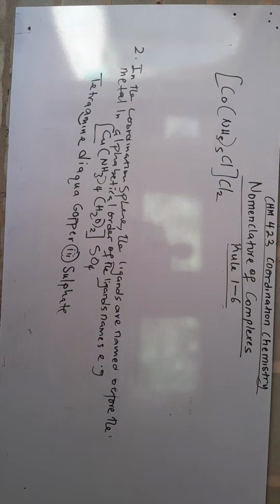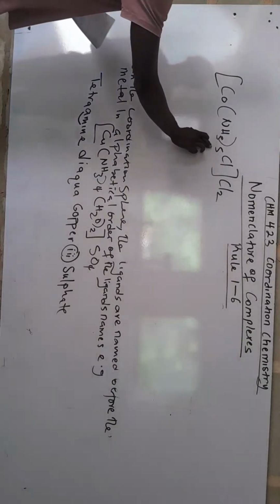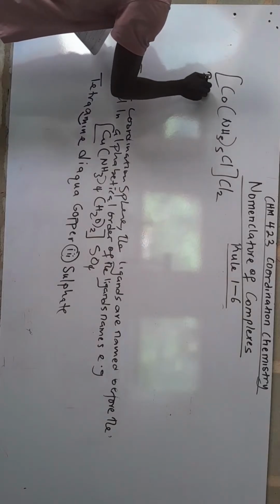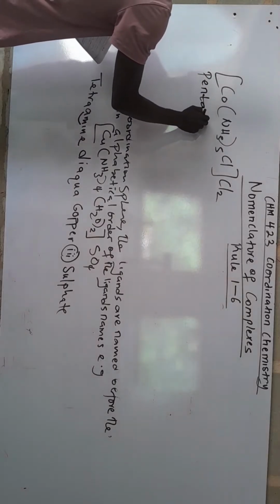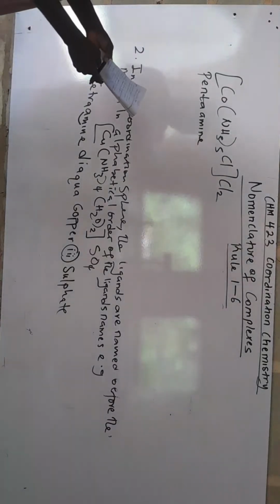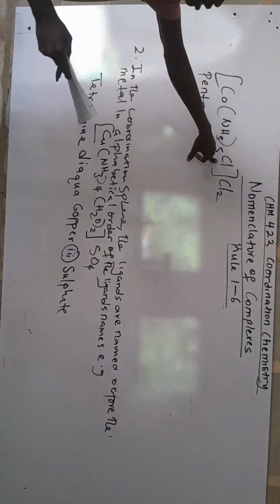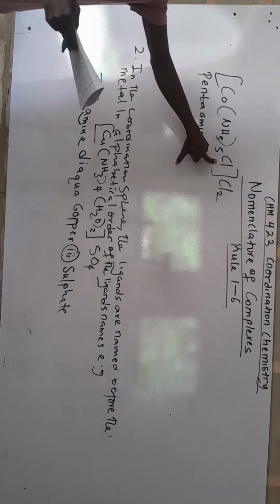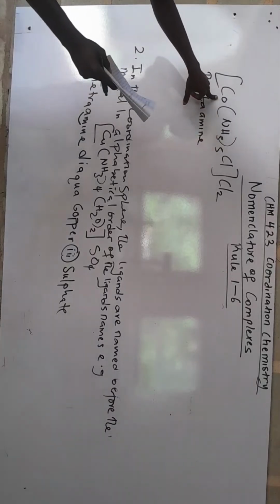Okay, so in this case now, you can see that we have the amine as usual. How many amine do we have here? 5. That is pentaamine. After the pentaamine, then you can see that we have the chloro here, and we have the cobalt in this place.